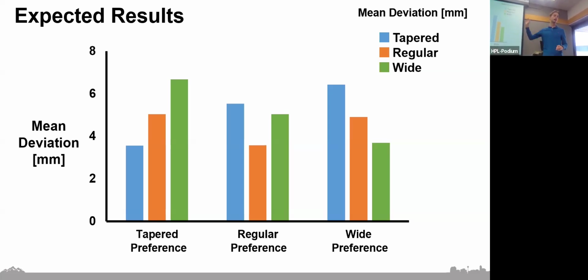So for the first group on the left, we'd expect that individuals who prefer the tapered fit also have the lowest mean deviation from that skate shape, right? And so on for the regular and wide fits. And if this method could predict fit preference, that would be very, very exciting.